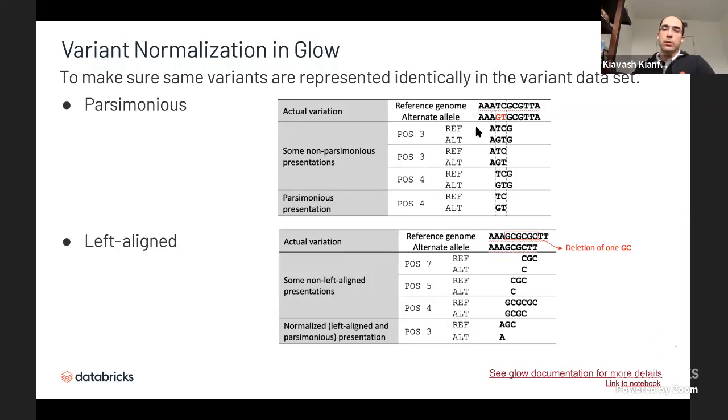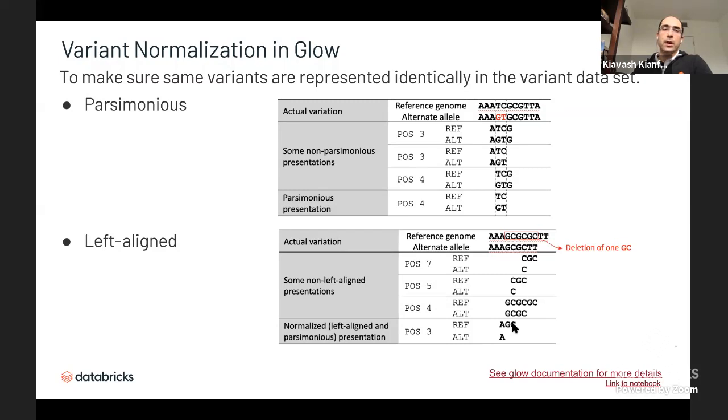Any variant can have different representations, but by definition you want your variants at a particular representation, which is parsimonious and left aligned, meaning that they have to be at the leftmost possible location in the genome. You can read about this more in the blog that we have regarding this on the GLOW website.